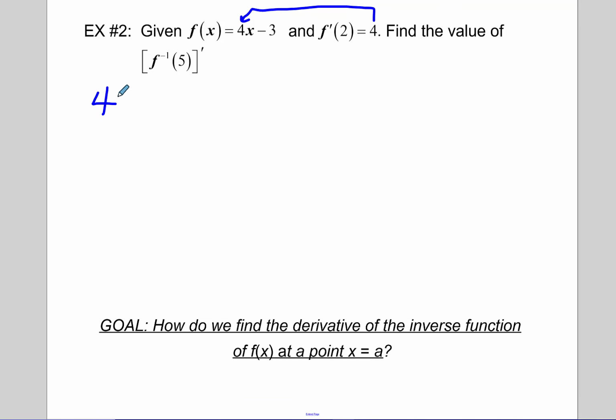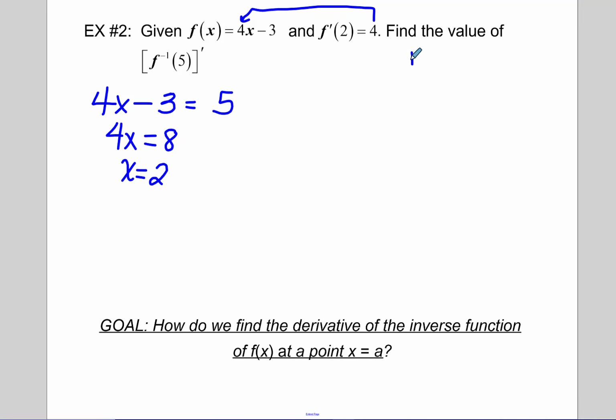So we know 4x minus 3 is 5. This is the y value, right? It's the x value on the inverse, so it's the y value on the function. That tells me when 4x is 8, x has to be 2. So the ordered pair is (2, 5) on my function.